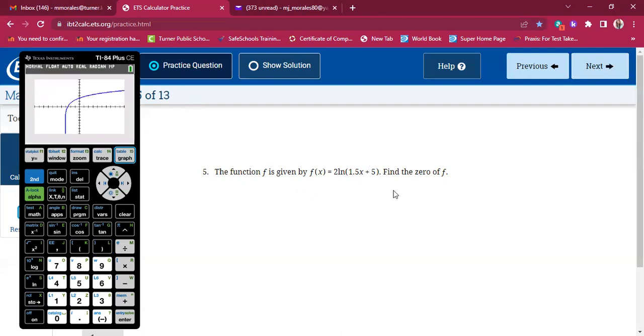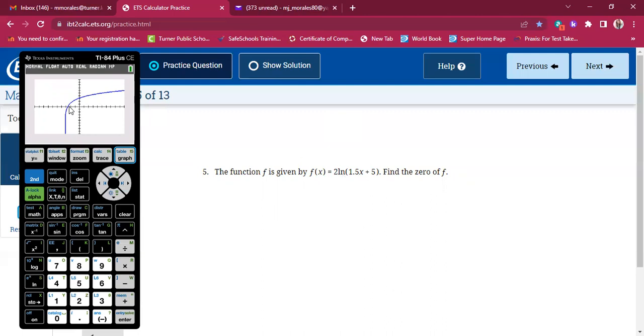Okay, the graph of this function looks like this. Now, you want to find the value of the 0 of x. So to find the 0 of x, it means that what is the value of x when y is 0?